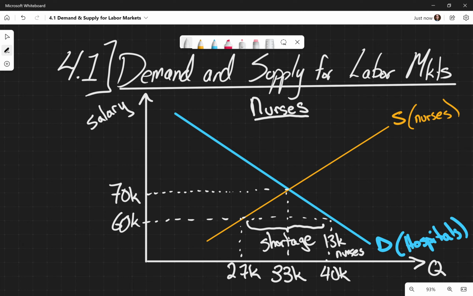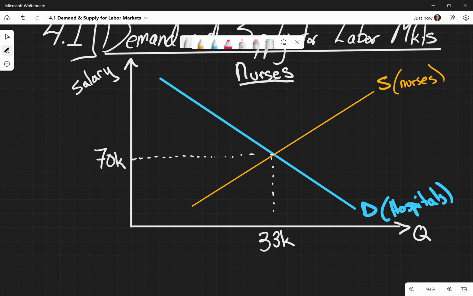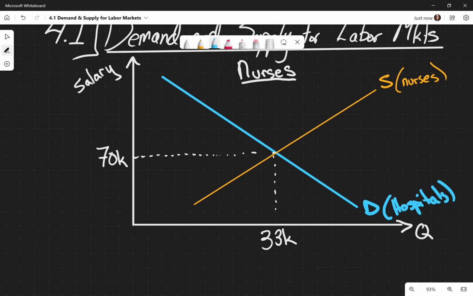So what are some things that are going to impact our supply and demand for labor? I won't define them all, but we'll just jot them down and talk about them in the context of nurses. The first one that can impact the demand curve for labor, we'll write this one in blue.